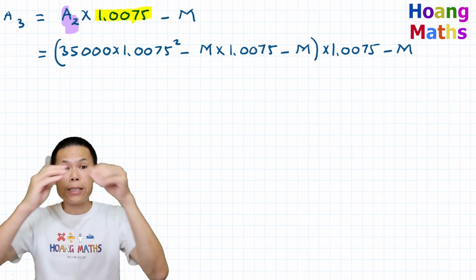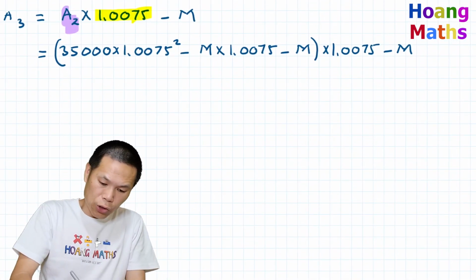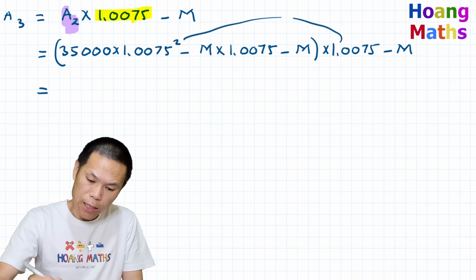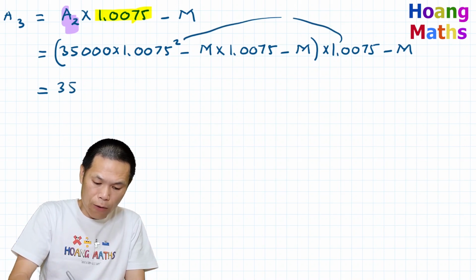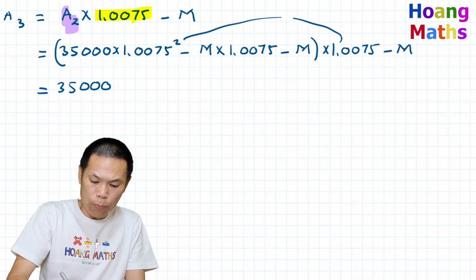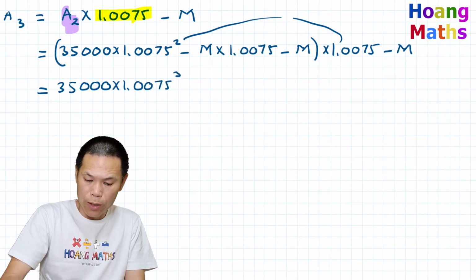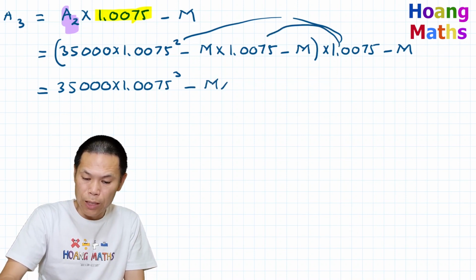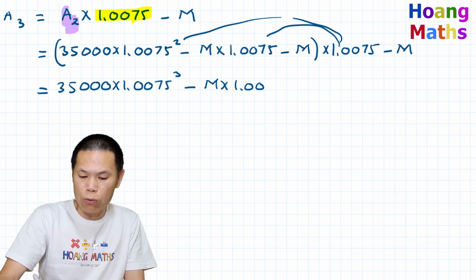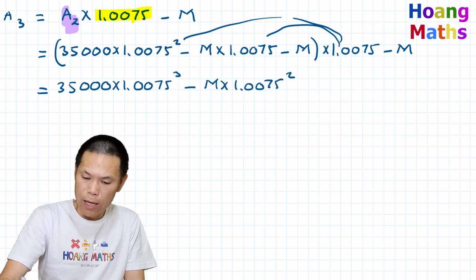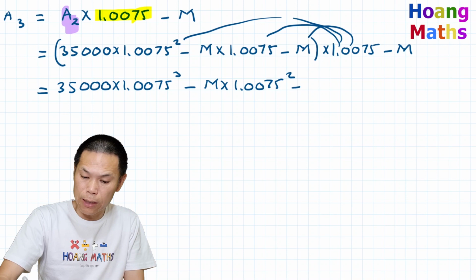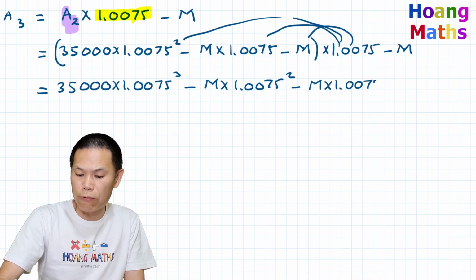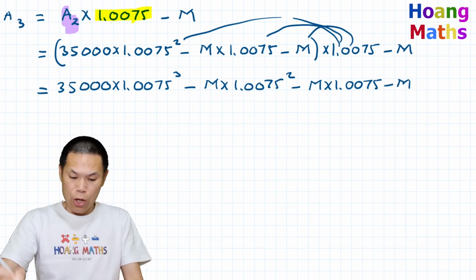So what I do now is just expand the brackets, so that will give me this times together. That gives me 35,000 times 1.0075 cubed minus this times that gives me M times 1.0075 squared, and we times that minus M times 1.0075 minus M. So there you go.